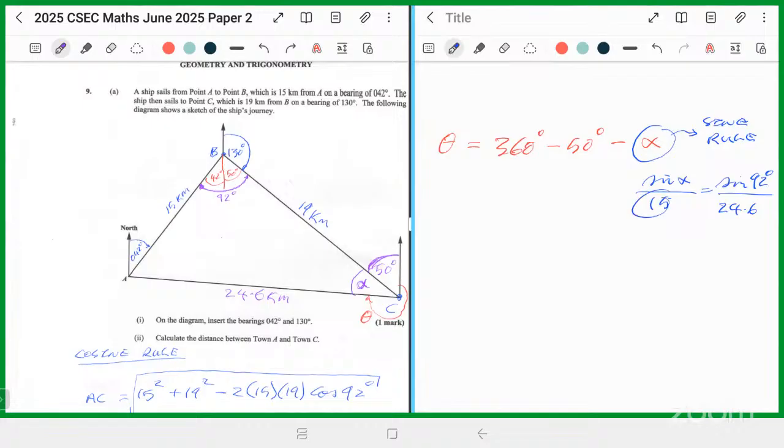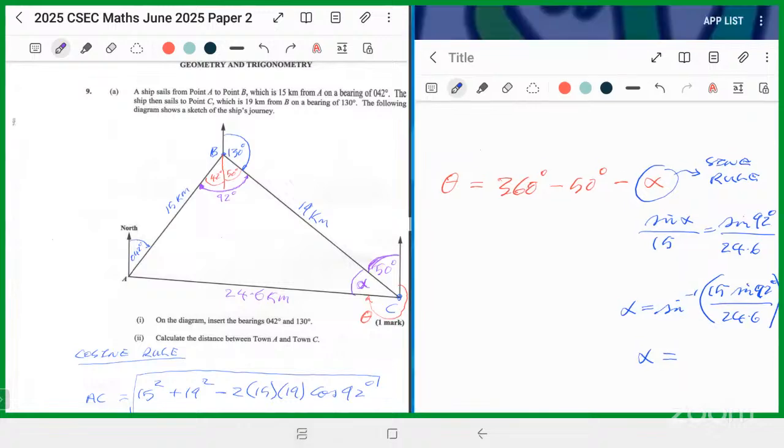Then we multiply the 15 up here and take the inverse sine. So alpha equals sine to the minus 1 of 15 sine of 92 degrees divided by 24.6. That's what we're calculating for alpha. Let's get the calculator.